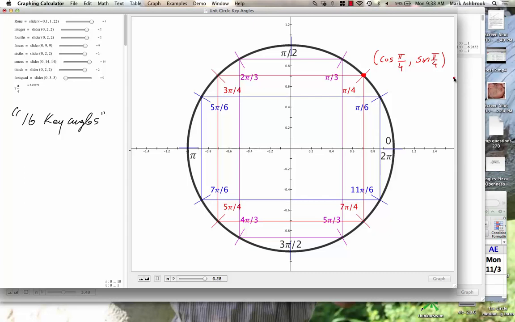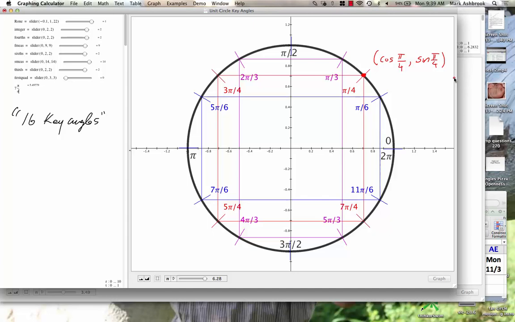Fractions of a radius, right? Or radius lengths. Not radians. Radians is the openness of an angle. So we either say radius lengths, or fraction of a radius.